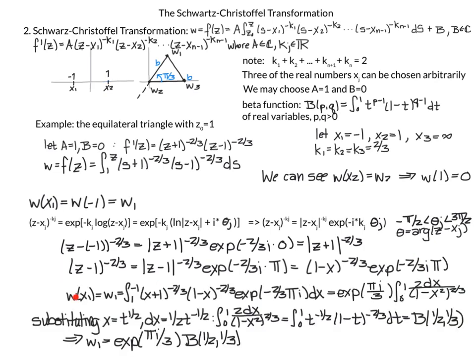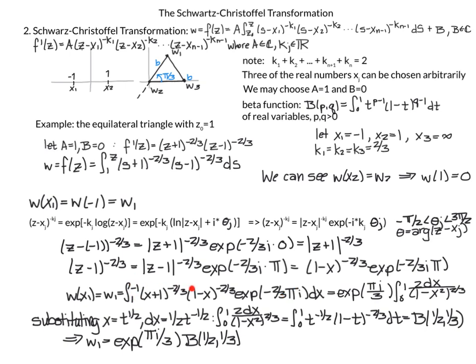So what this gives us is our w of x1, which is equal to w1 now, because we're looking for w1, is the integral from 1 to negative 1. We have our x plus 1 to the 2/3, and on the interval between negative 1 and 1, this x plus 1 absolute value becomes x plus 1 to the minus 2/3. This is our 1 minus x to the minus 2/3 exponent of minus 2/3 pi i.